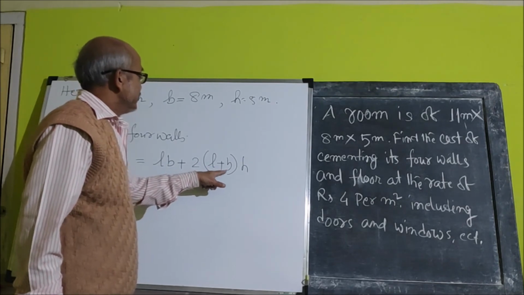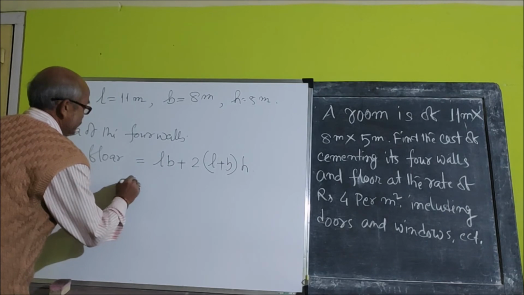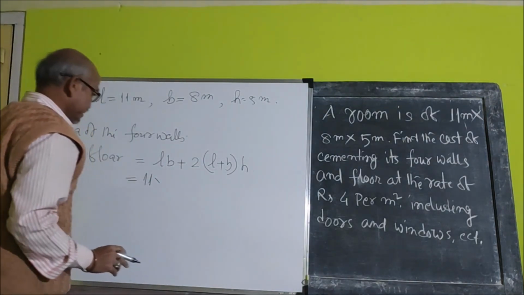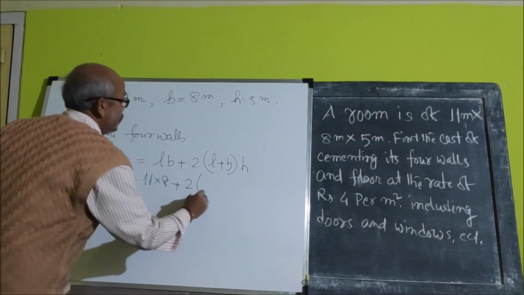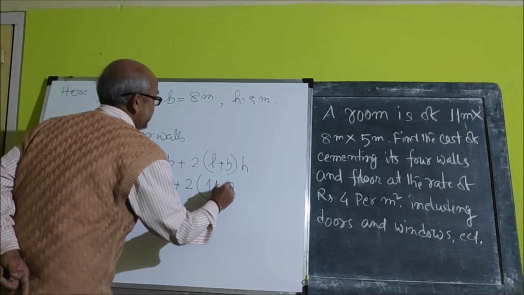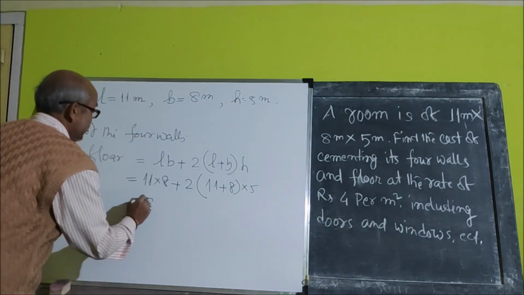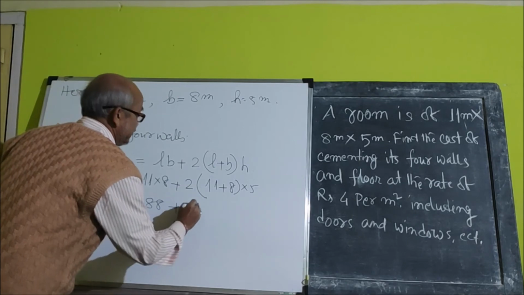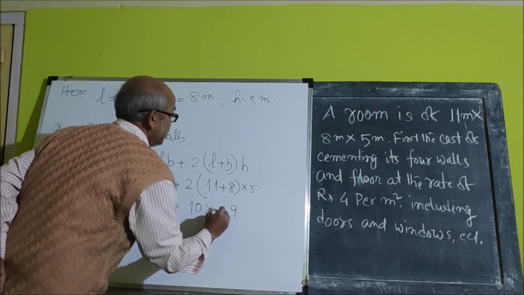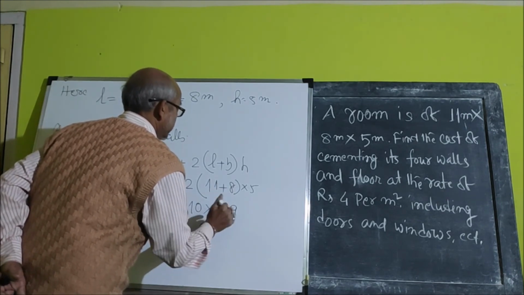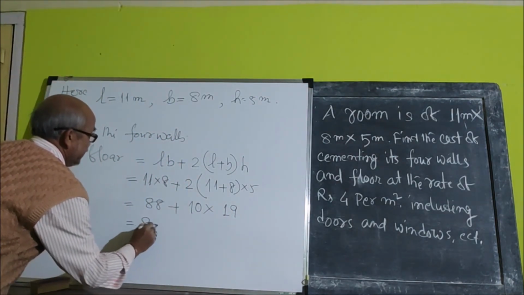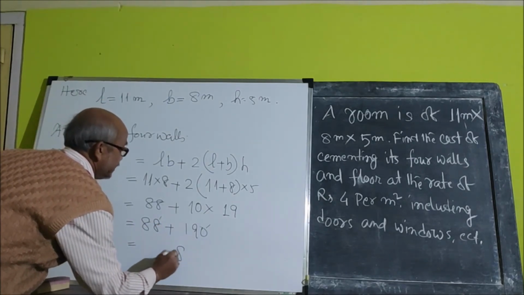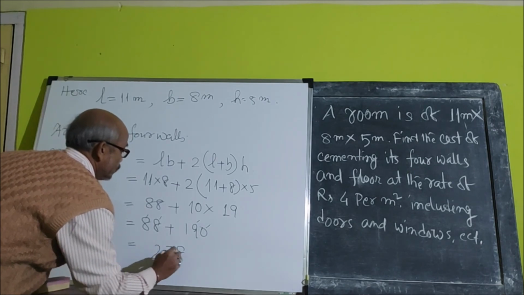Now you see here, L means 11 meter, B means 8 meter, H means 5 meter. So 11 into 8 is 88, plus 2 into (11 plus 8) into 5. 2 fives are 10, into 19 is 190. So 88 plus 190 means 278 square meter.